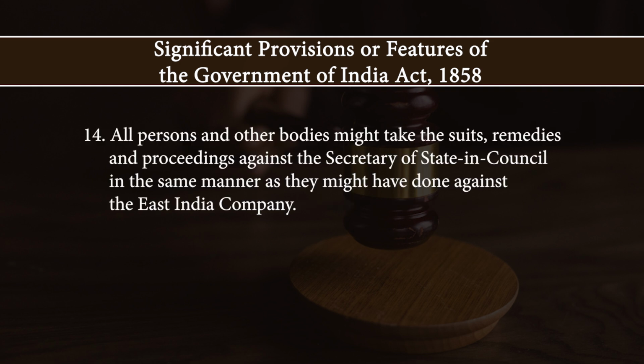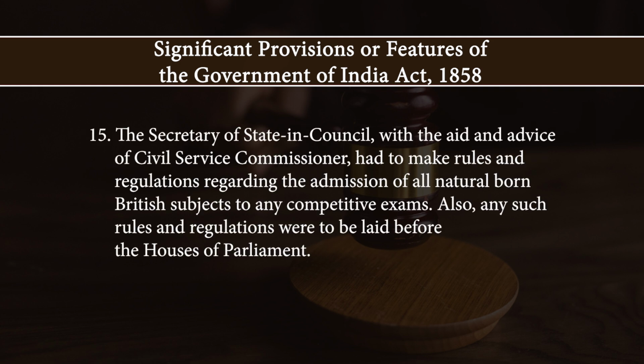Another point, all persons and other bodies might take suits, remedies and proceedings against the Secretary of State and Council in the same manner as they might have done against the East India Company. Another important feature was that the Secretary of State and Council, with the aid and advice of the Civil Service Commissioners, had to make rules and regulations regarding the admission of all natural born British subjects to any competitive exams.